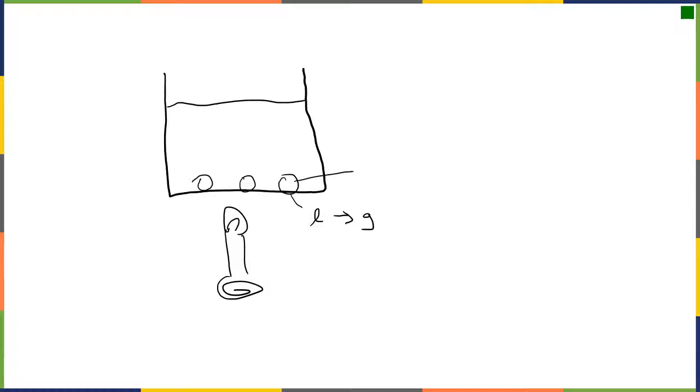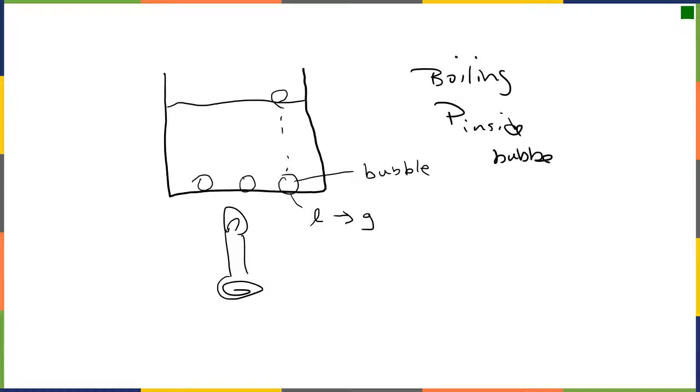We're going to make some nice bubbles, and our liquid boils when these bubbles come to the surface. Boiling occurs when the pressure inside the bubble is going to equal the pressure external, outside of this liquid here.